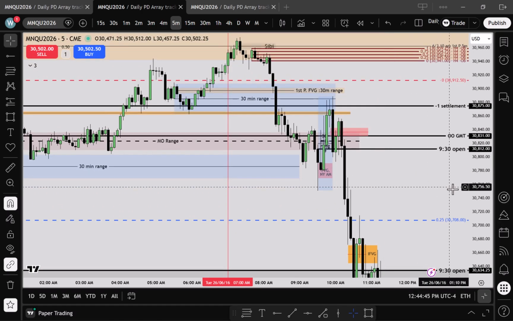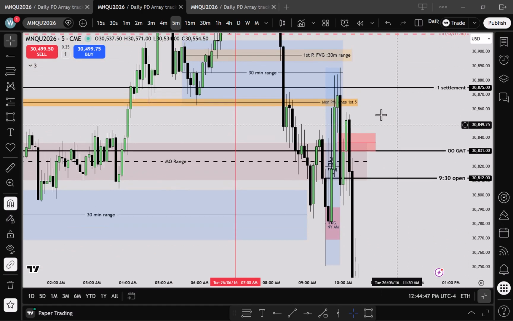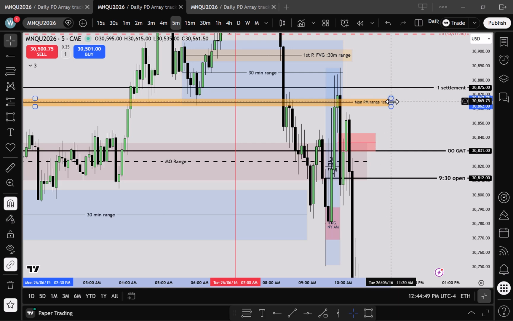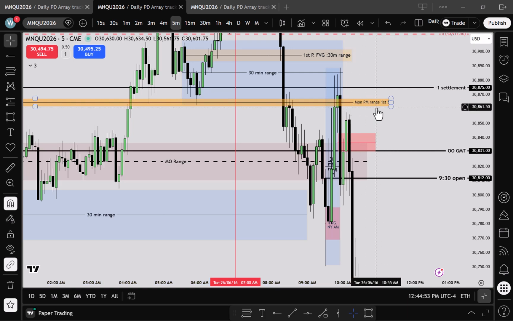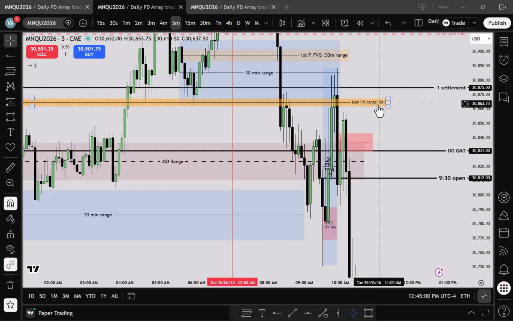Oh, here's another thing that's salient, remember. This right here is the first presented fair value gap, first 5-minute fair value gap of yesterday's regular trading hour PM range.